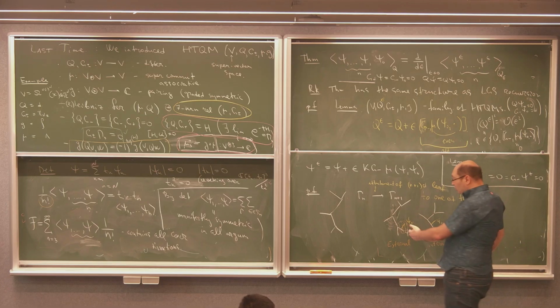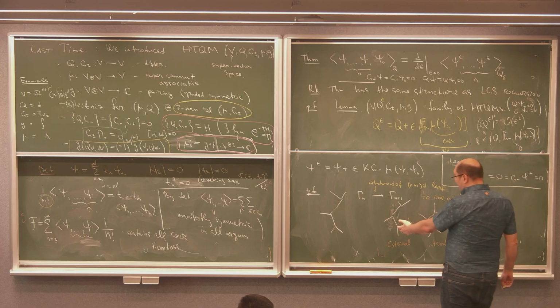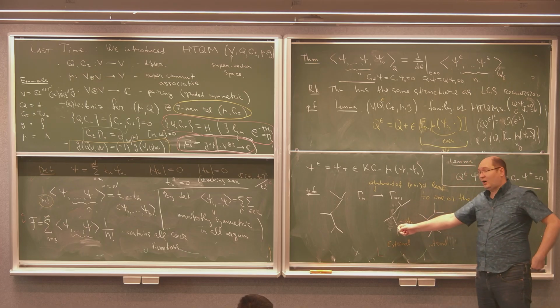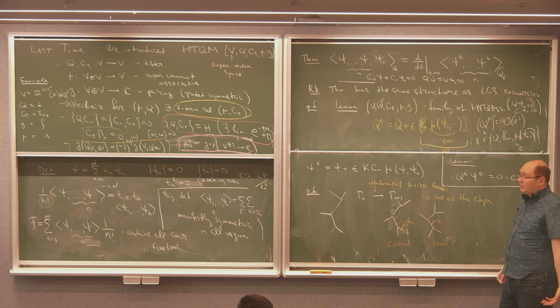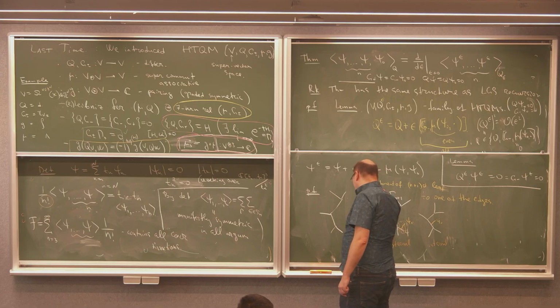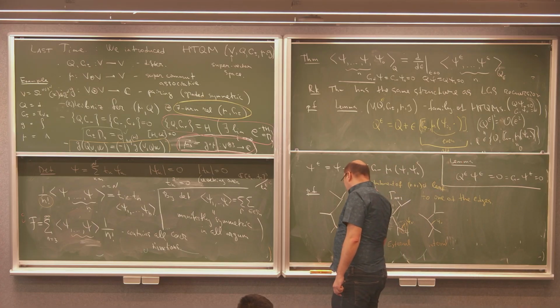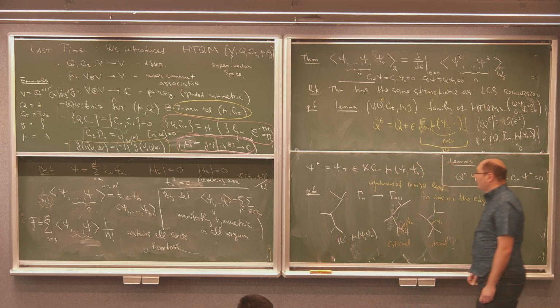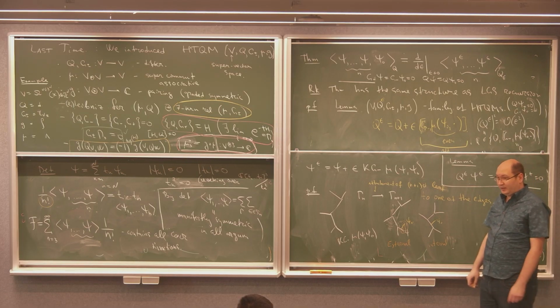And we can compute this subtree explicitly. Now it's not a number because it has an outgoing edge, so it will be rather an element of V, and this element of V is precisely the multiplication of psi naught in this trivalent vertex, and then we need to apply the propagator once.